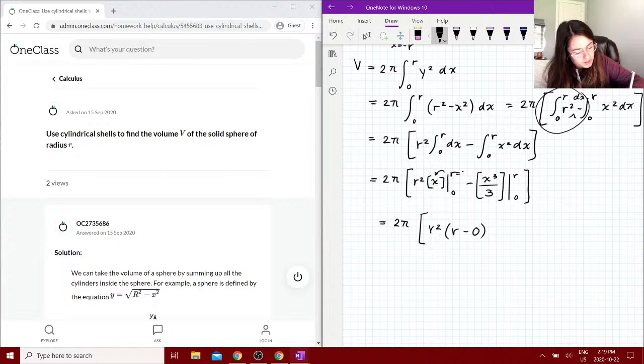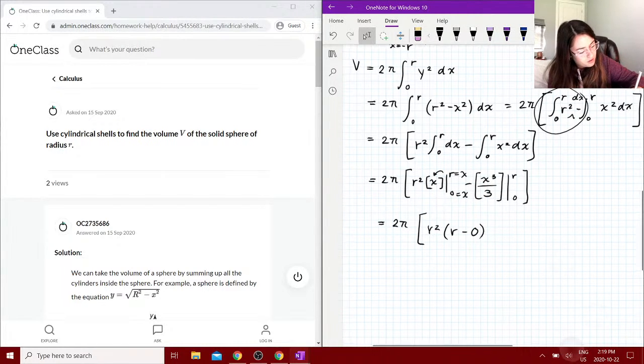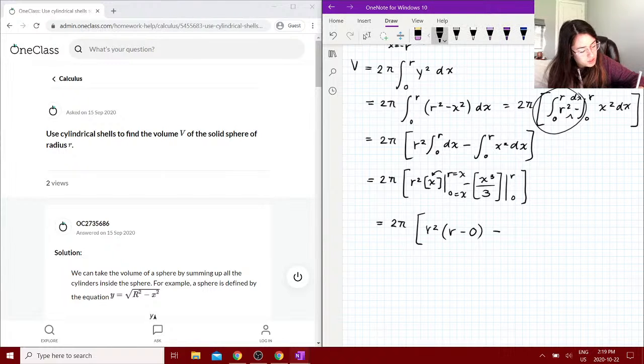Remember that before we said that this was equal to x, so replacing the x's with r and 0. And then subtracting this second half here, replacing the x with r minus 0. Well, I don't even need to write that because you know that's just 0, right?